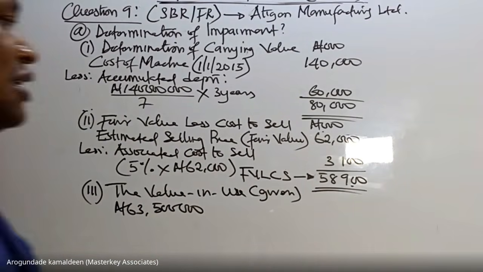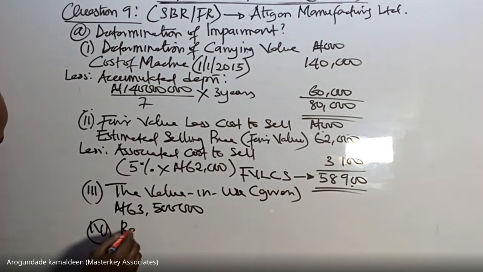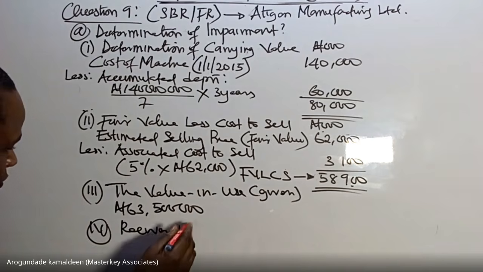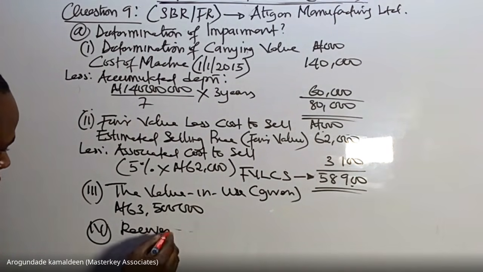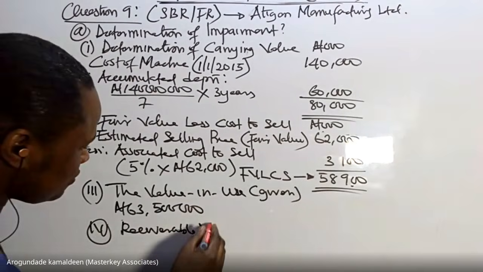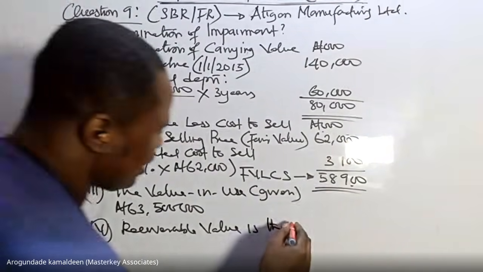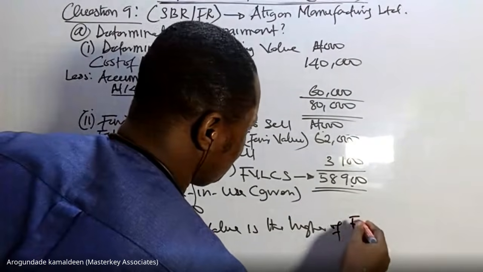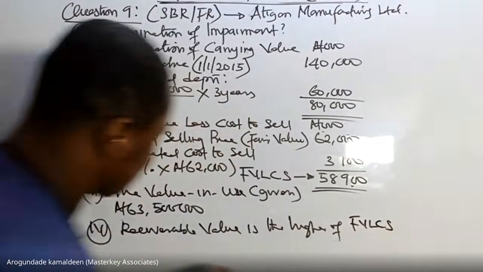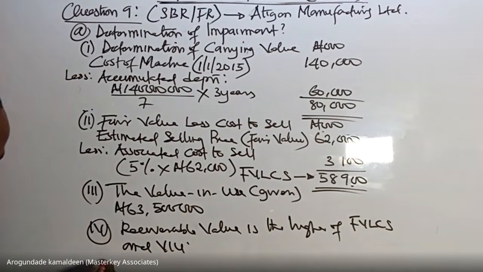Therefore, now we can find the recoverable value. The recoverable value is the higher of the fair value less cost to sale and the value in use.